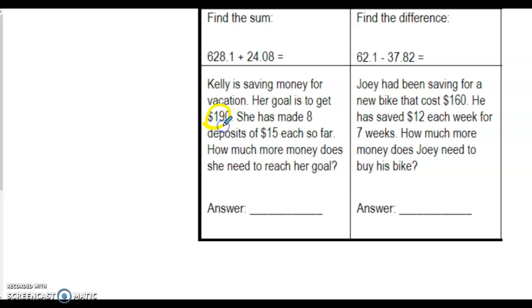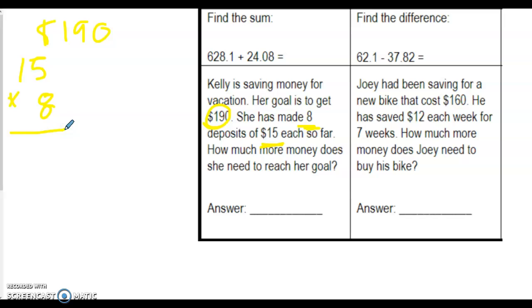So if her goal is $190, I'm just going to write this number up here. $190. Okay, this says that she's made how many deposits? 8 deposits. And in these deposits, how much money has she put in it? $15. That's still a pretty good amount. Okay, so what am I going to do with that? 8 and 15. If she's made 8 deposits and she's put $15 in it each time, I'm going to multiply.